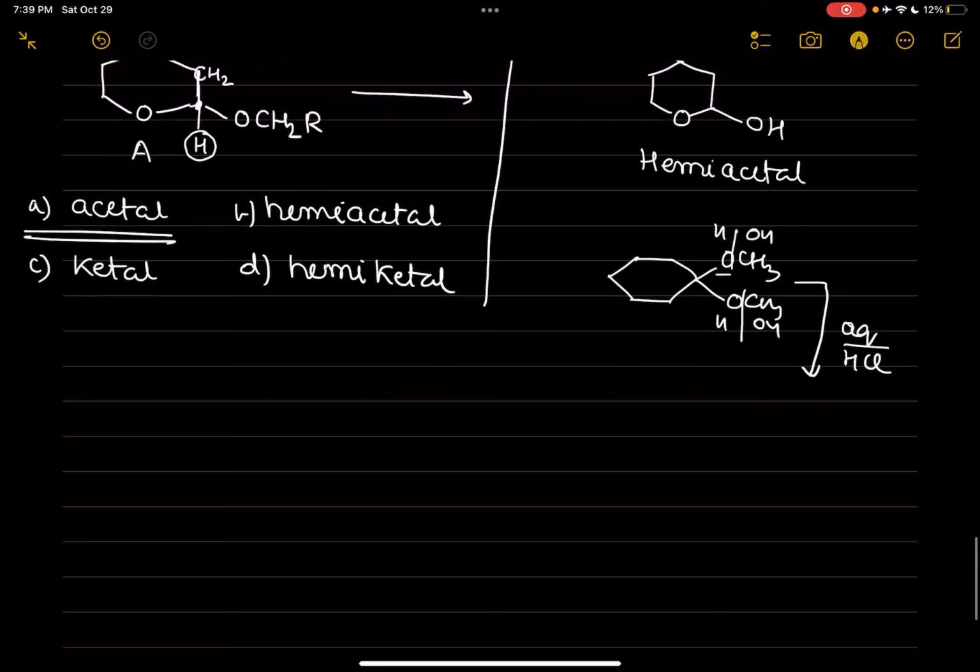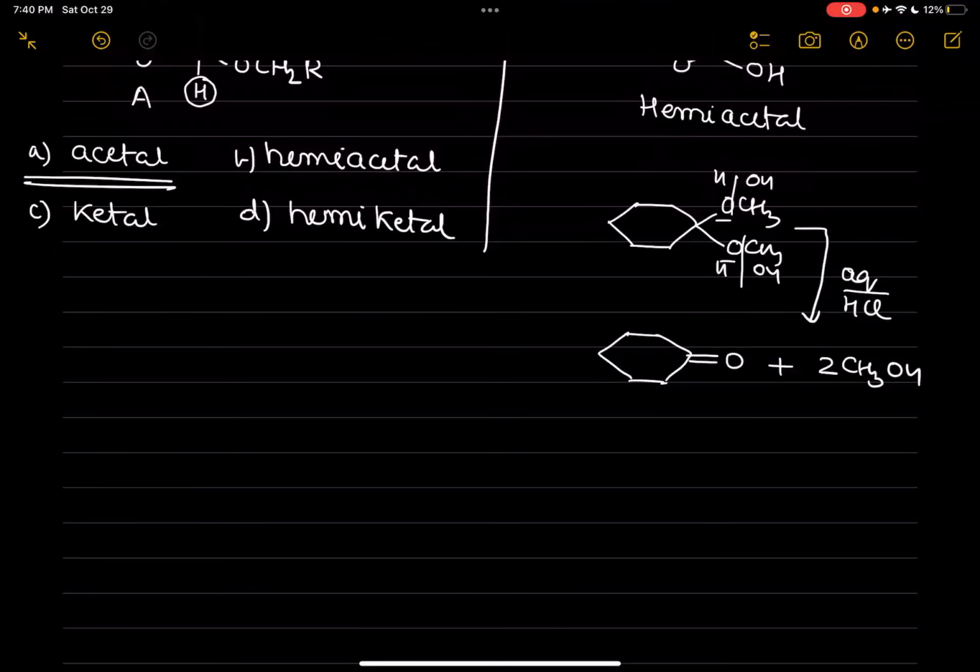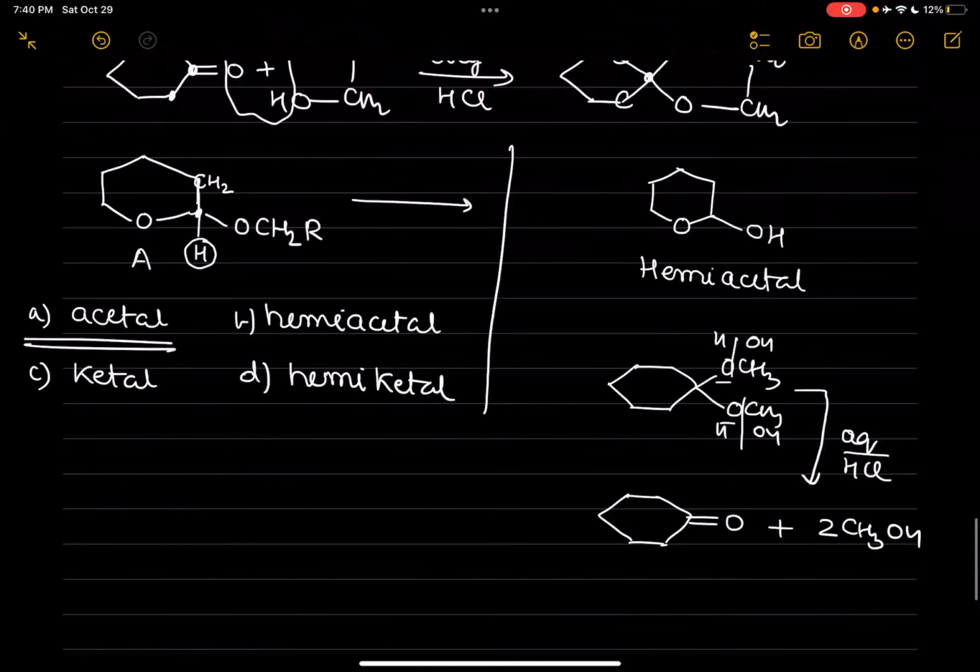Then you have two OH on one carbon atom, and those are unstable, so water is going to get removed. So you get the C double bond O and two methanol molecules. That's how we are going to get it. I hope you understood this.